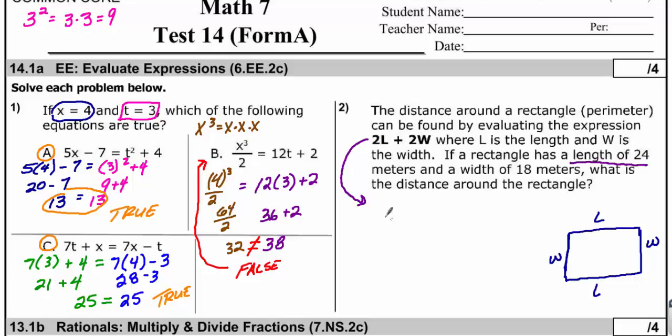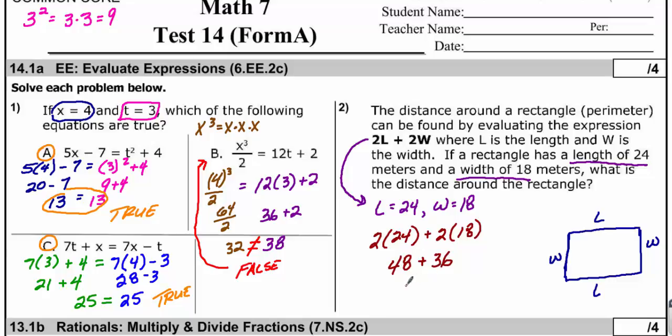They tell us a length of 24. So L is equal to 24. And a width of 18. W is equal to 18. So now if we take the information, the length 24, the width 18, and we substitute it in, we get 2 times 24 plus 2 times 18. 2 times 24 is 48. 2 times 18 is 36. 48 and 36 is 84 meters.